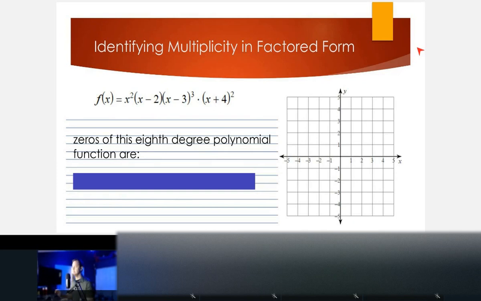All right, class, what is the y-intercept for this one?